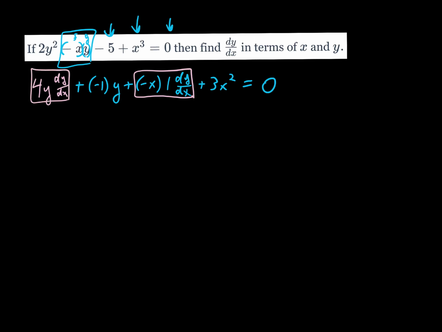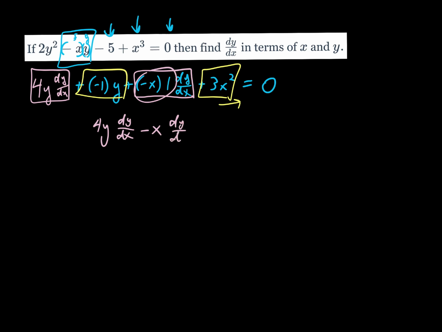Those are going to keep where they are, and then this term and this term will move over to the other side. On the left, we have a 4y dy/dx, and this becomes -x dy/dx. Over on the other side, well, this is a -y, right? -1 times y, so that'll become a positive y, and then a -3x squared after you move that one over.